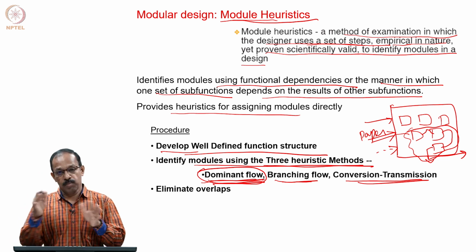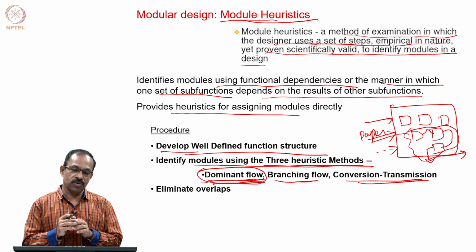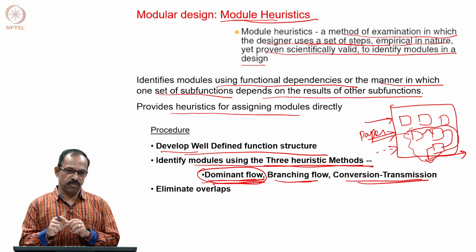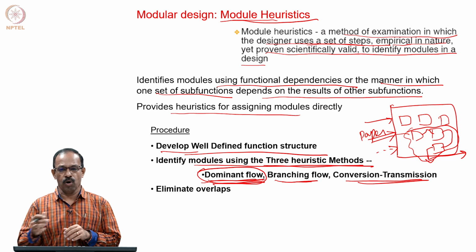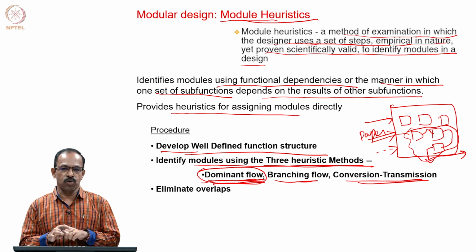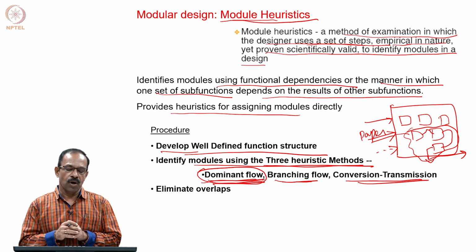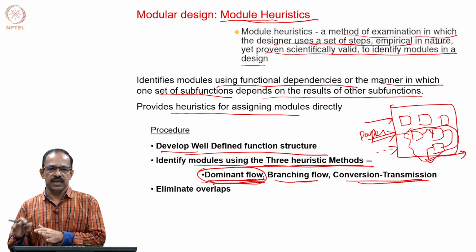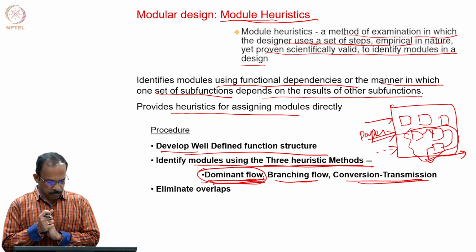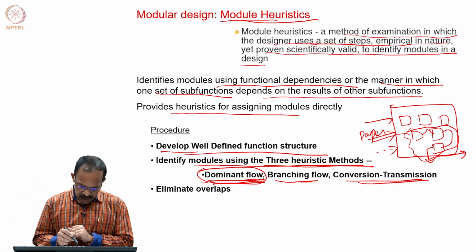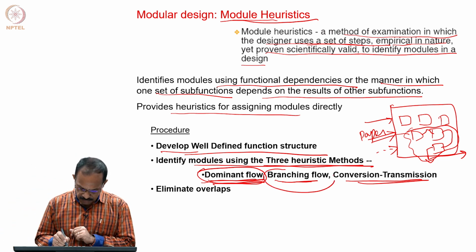There can be more than one dominant flow. So, we can identify all those dominant flows, because there will be some flows which are not very important or not very dominant. Then we do not make modules based on those flows; only the dominant flows we consider to identify the module.